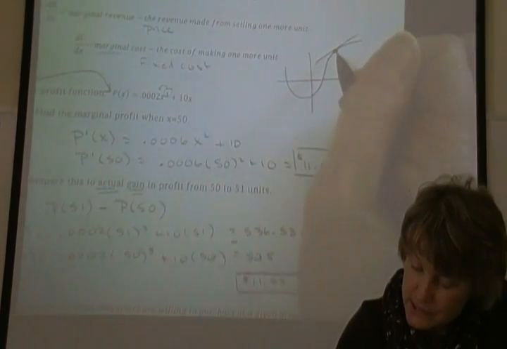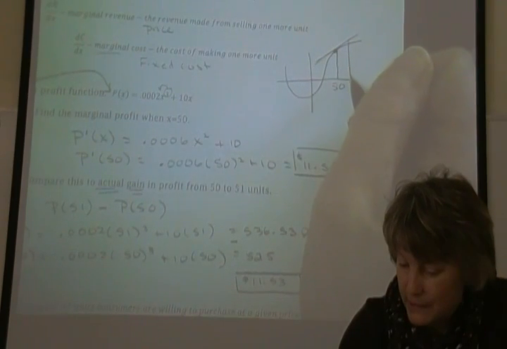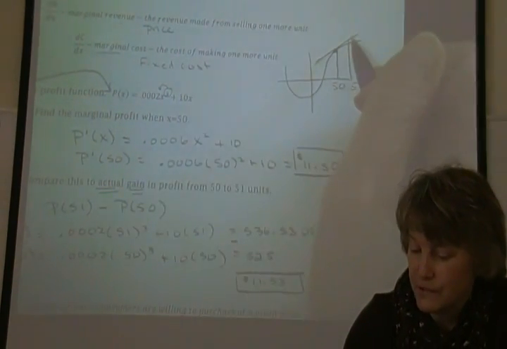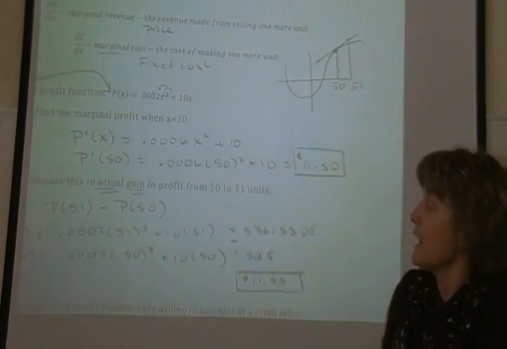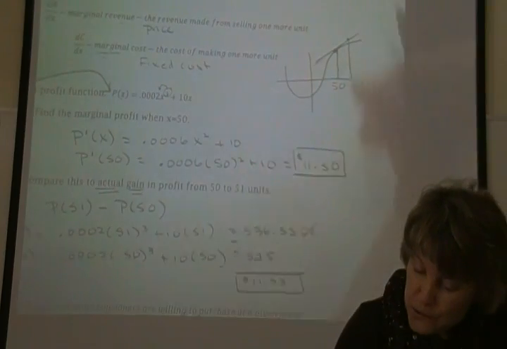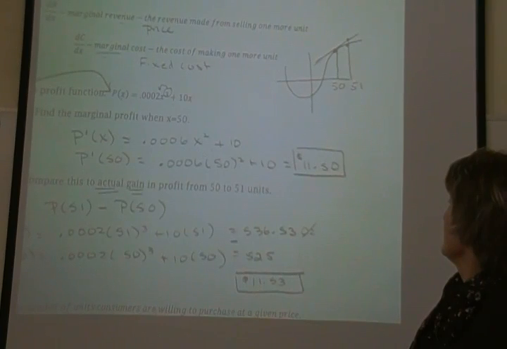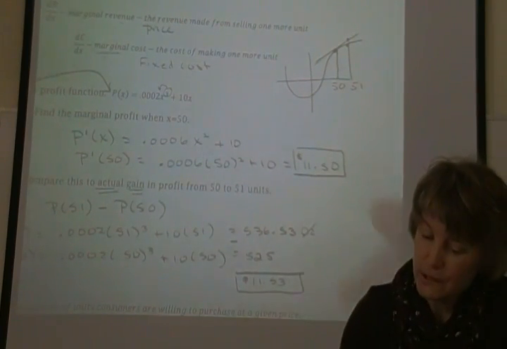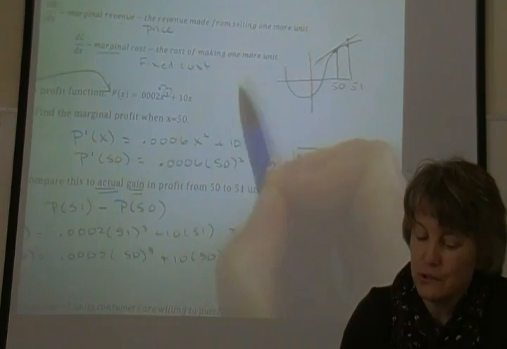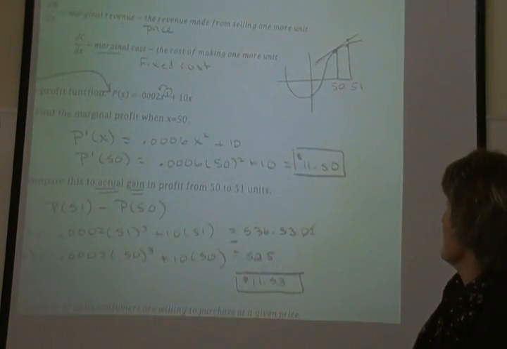And so if this is, say, 50 units, and you want to guess what profit is at the 51st unit, you're here on the line, on the tangent line if you're using derivative, as opposed to being on the curve itself and finding the difference in those two Y values. So you're going to have a bit of a difference when you use the derivative because you're not on the curve anymore, you're approximating things with a tangent line. And you know to do that when you see the word marginal.